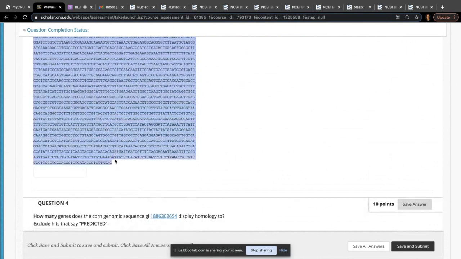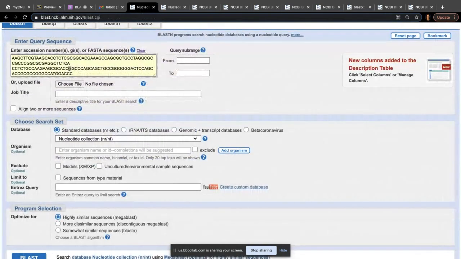I want to know, given this sequence that right now I have no idea about, does it encode anything or not?